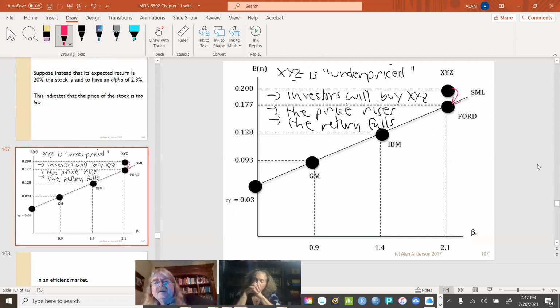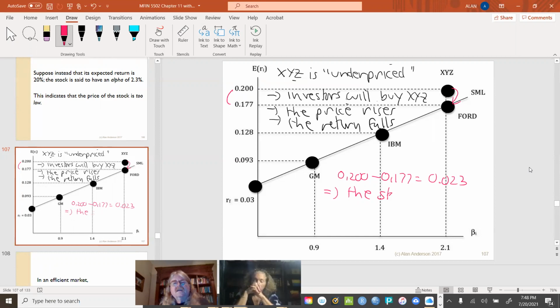Now, the gap between these two, the 0.2 minus 0.177, is referred to as the stock's alpha, or that's the Greek letter alpha.